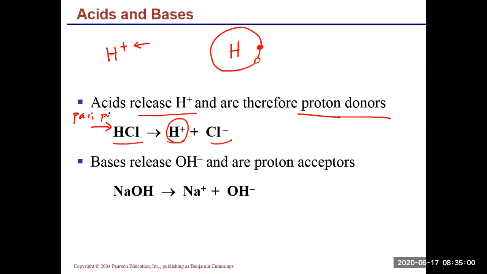Parietal cells produce hydrochloric acid in the stomach. So the stomach is very acidic.